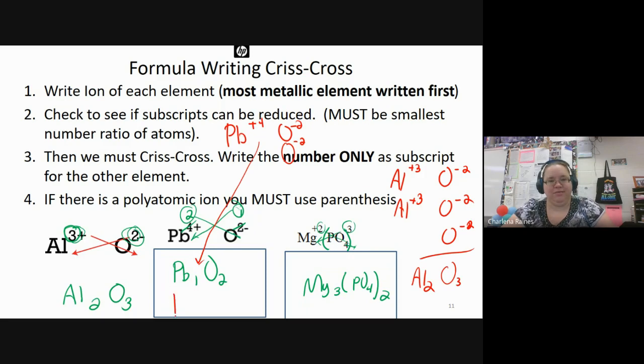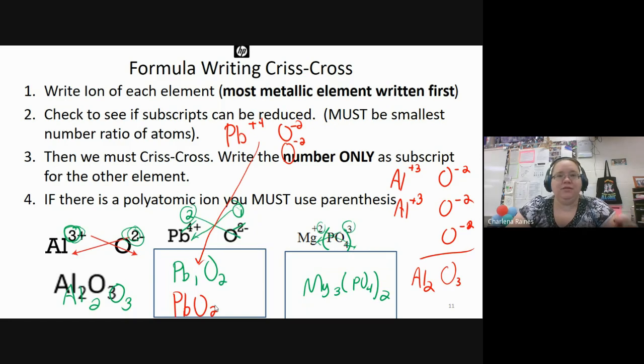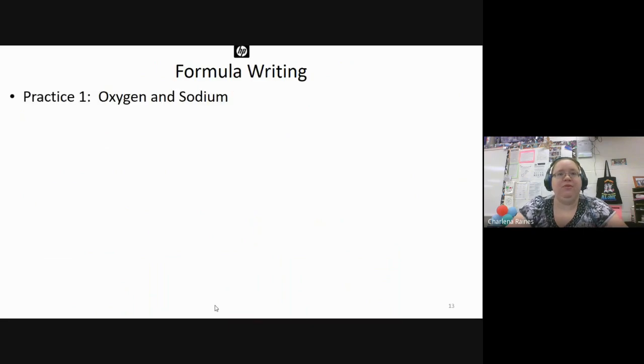Now, here's the thing about chemists. We tend to be lazy. So we typically do not write 1s. If you want to write the 1, you can, but you don't necessarily have to. So also note that the most metallic element has to go first. If I'm looking at oxygen and sodium, I can see that sodium is in group 1. It's a metal, so it's got to go first.